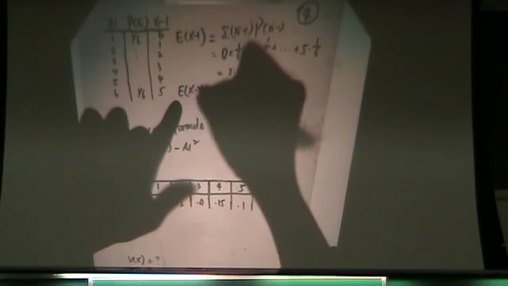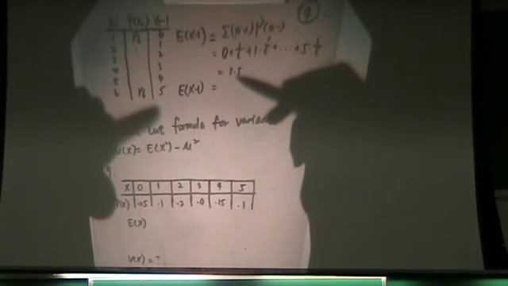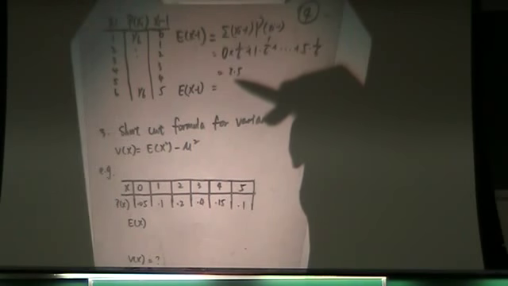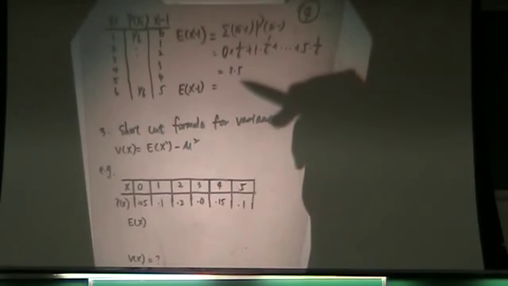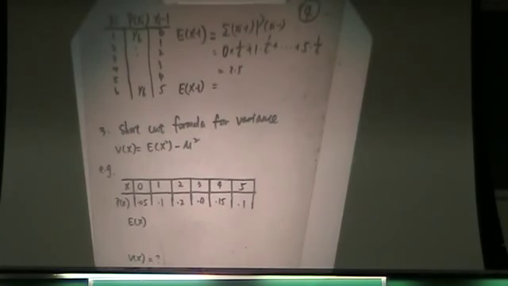Expected value of x minus 1. You could see here it's 2.5. The previous expected value of x we got is 3.5, right? Did you remember? Did I give the number for that? The expected value of the total for the die, did I give the final answer for that case?